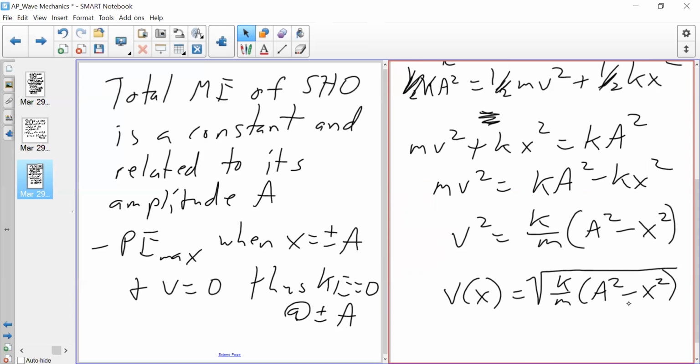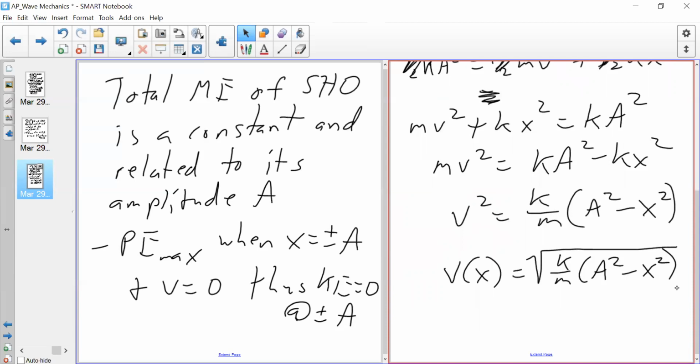That's your max. But what about if it's 3.7? Well, this allows you to do that. v of x equals, and the square root of k over m is just omega, because omega squared was k over m.